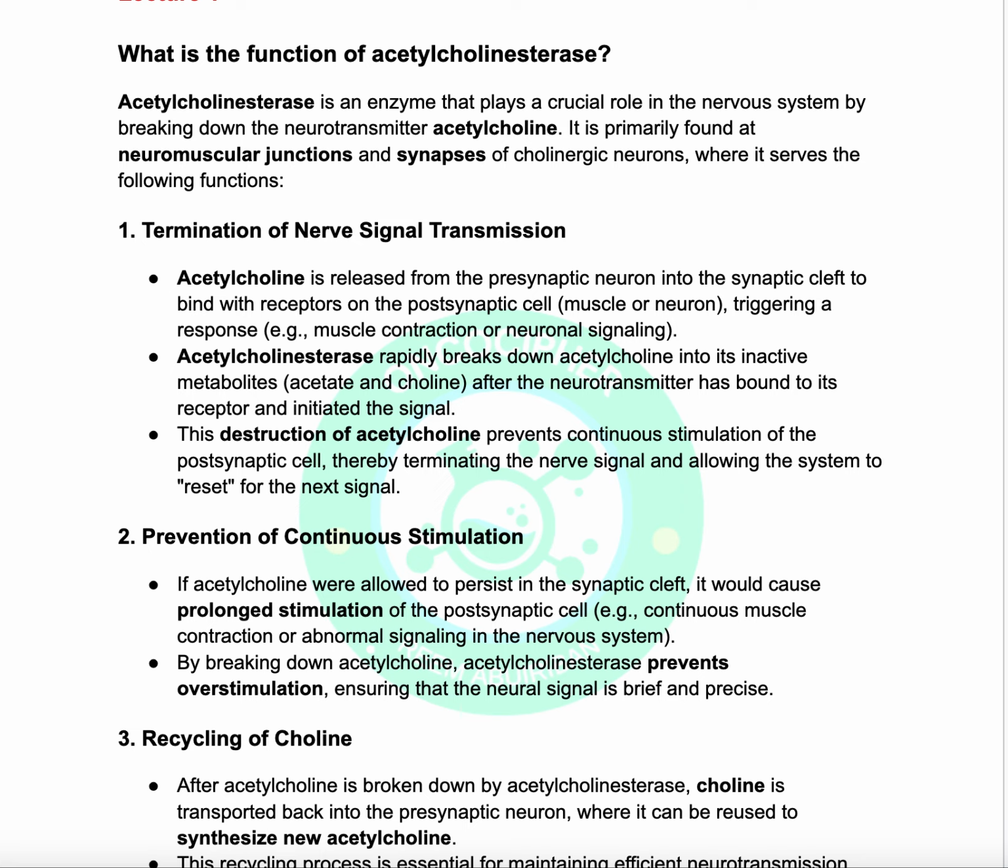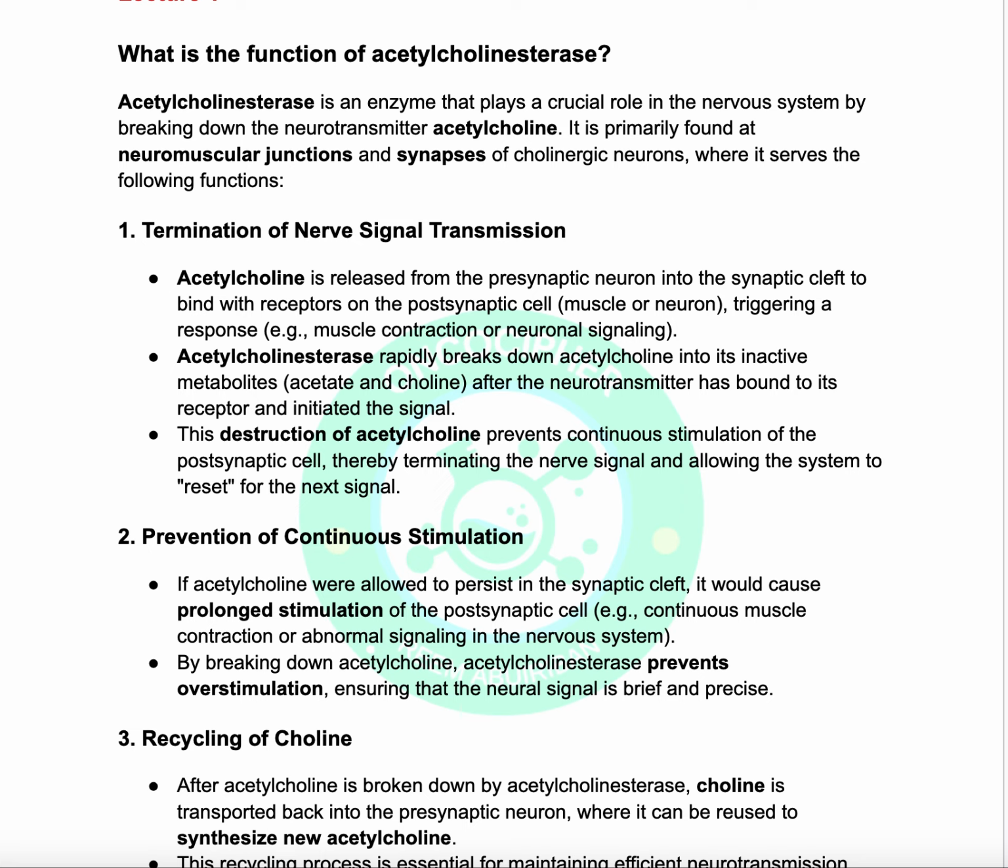That leads to destruction of acetylcholine, and that prevents continuous stimulation of the postsynaptic cell, thereby terminating the nerve signal and allowing the system to reset for the next signal.